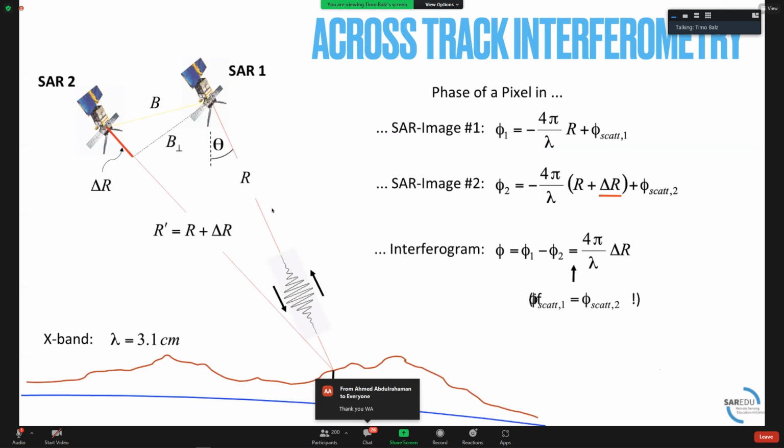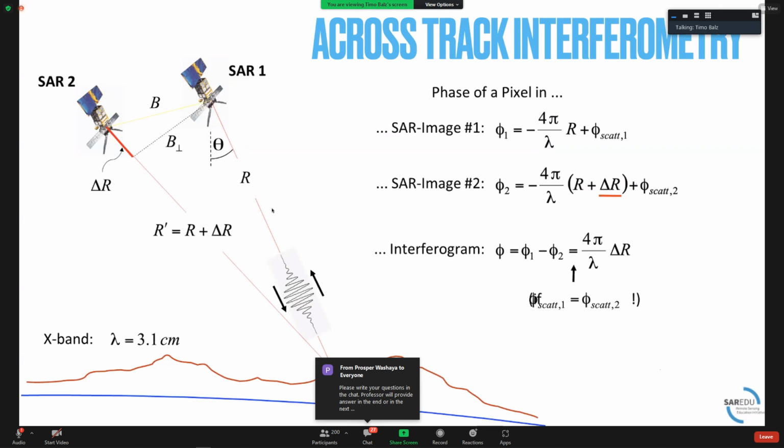So what we measure is fractions of the wavelengths. If our wavelength is 3 centimeter, and we can measure a tenth of the wavelength, then we are at about 3 millimeter, but we can measure actually even more than a tenth. So we can come down to measuring phase differences of millimeters with this technique.